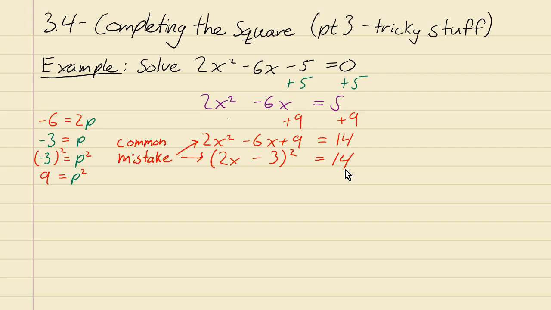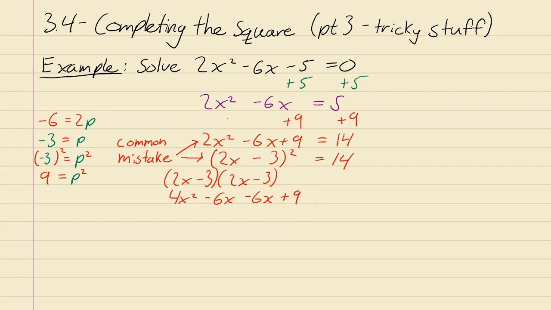And you can tell it's a mistake because if you actually FOIL this out, if you do 2x minus 3 times 2x minus 3, what you're going to get is 2x times 2x is 4x squared, minus 3 times 2x is minus 6x, and then minus the other 6x, and then negative 3 times negative 3 is plus 9.